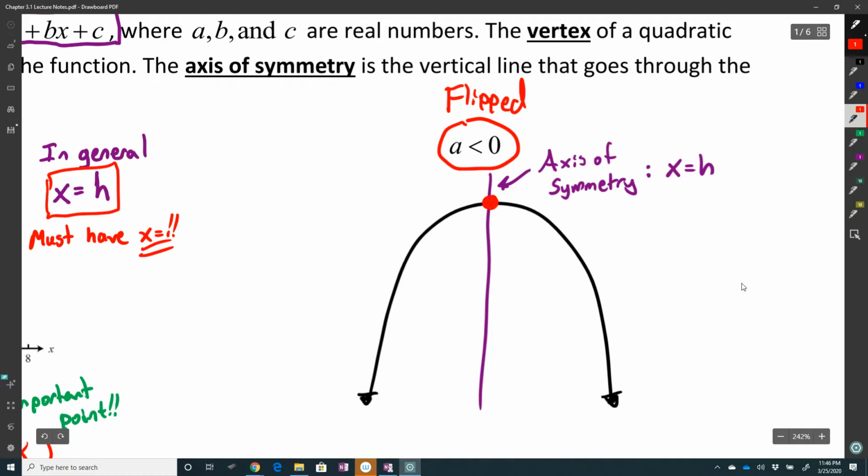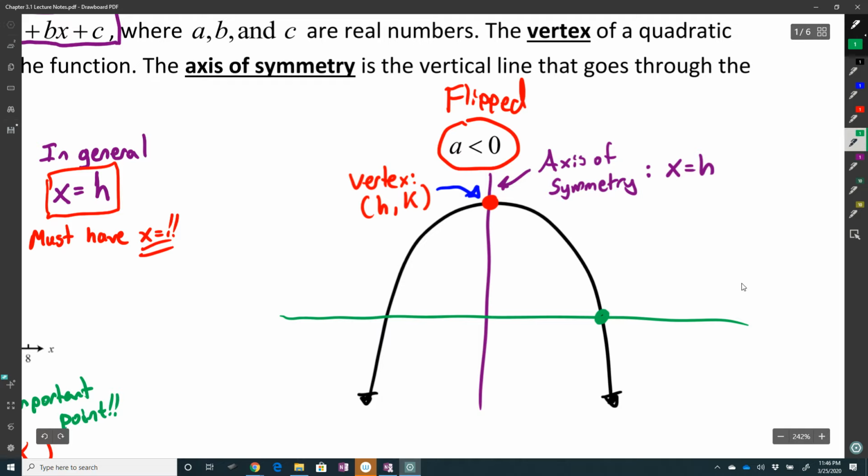We still have our vertex, which is still h comma k. Again, the vertex is just that point right there. And you have your x-intercepts.